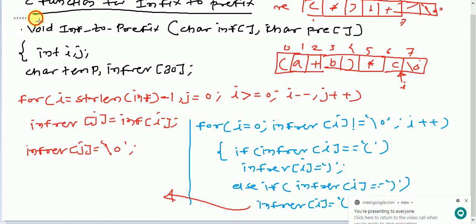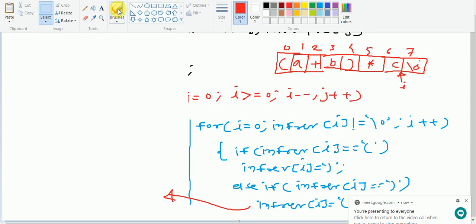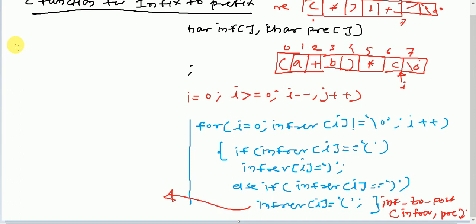So the remaining part, after this for loop, here we are calling infix to postfix, and we are passing the infix reverse string and our prefix string.